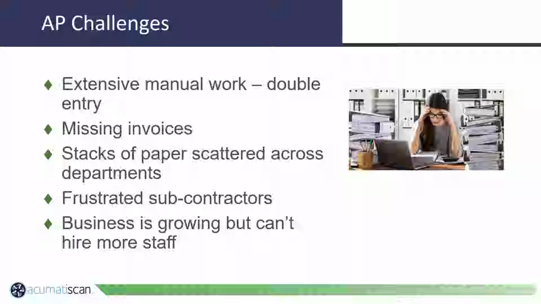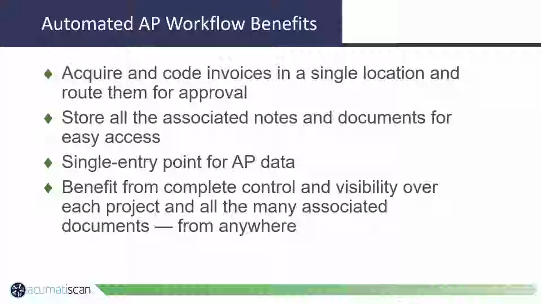So what an automated AP workflow system allows is taking invoices and acquiring and coding them in a single location, and then, through business rules, routing those invoices off for approval. All of those documents, associated supporting documents and what have you, can be stored in one place that's easy to access, easy to retrieve information.